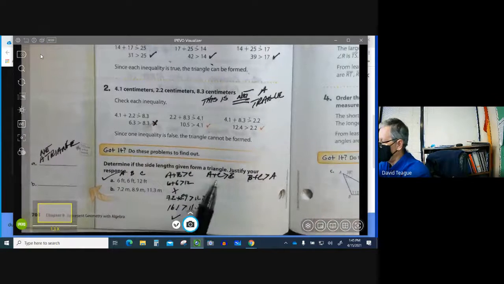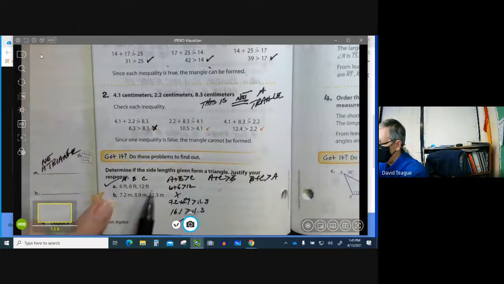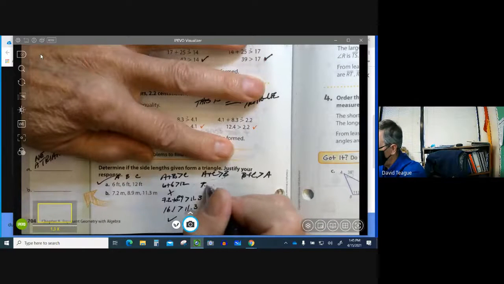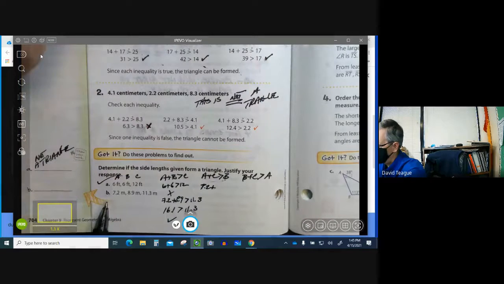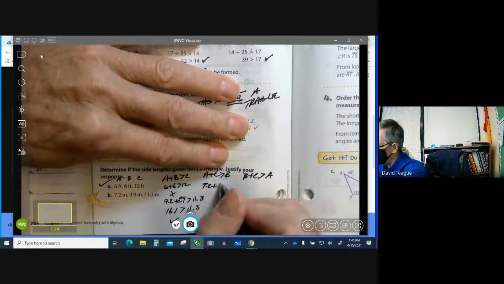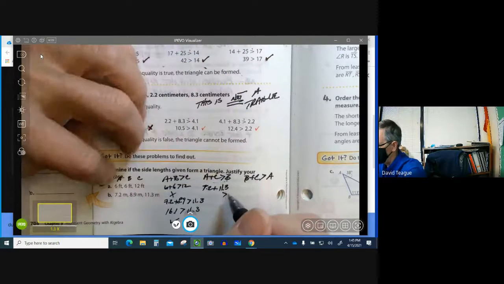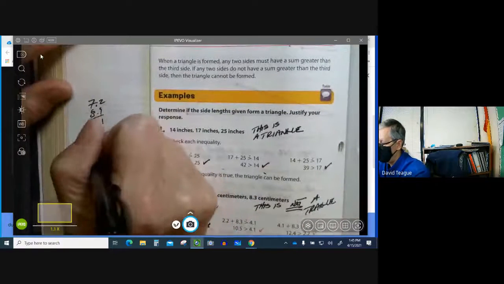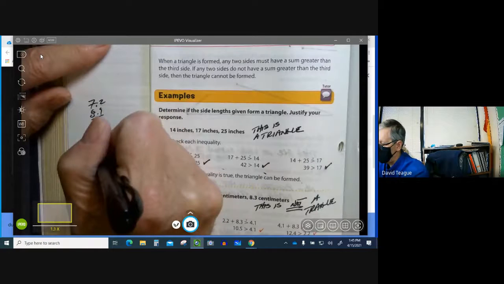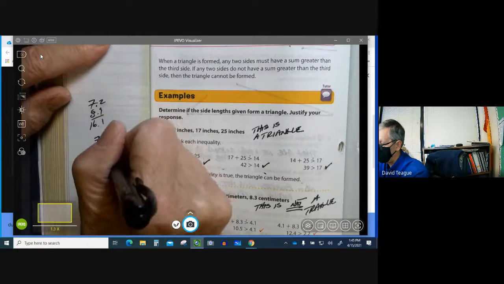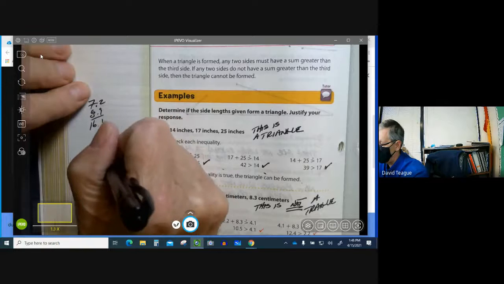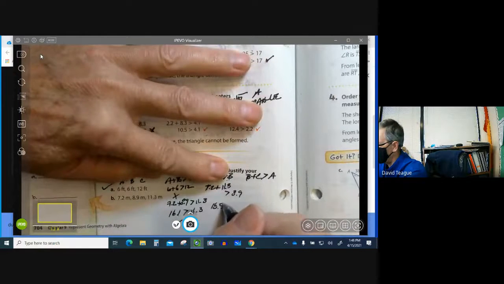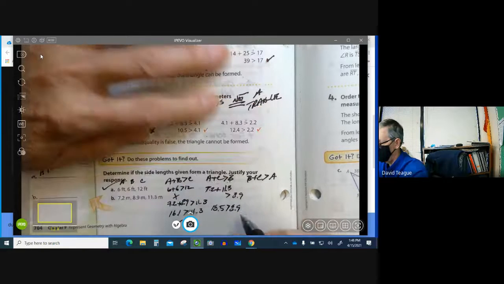Now we're going to look at A plus C is greater than B. So A, which is 7.2, plus C, 11.3, is greater than 8.9. So 7.2 plus 11.3 is 18.5. So 18.5 is greater than 8.9.